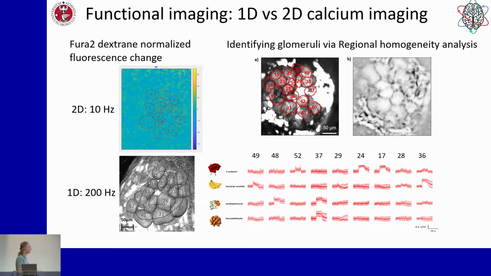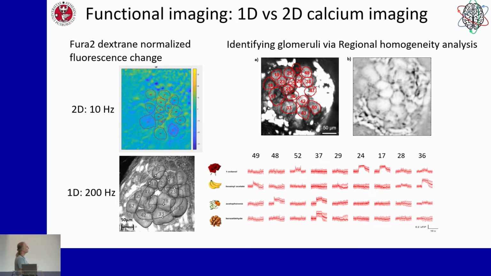And if we are successful with that, the dye diffuses into the neurons, and what we are going to see then, if we image again with two-photon microscopy, is the marker changing fluorescence when these single glomeruli, so the nodes of the antennal lobe, are activated here or are inhibited there.